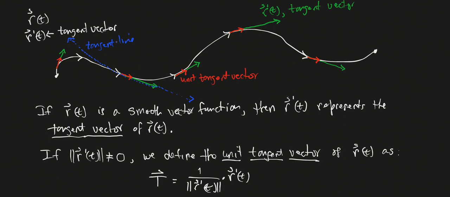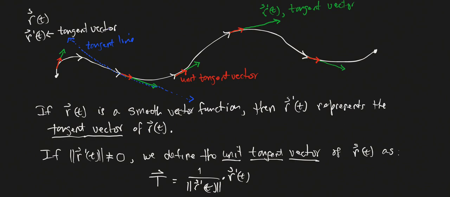So right away, you can see the three concepts here as far as tangency. Your derivative function is the tangent vector. Normalizing the derivative function gives you the unit tangent vector, and then applying our procedure for finding the equation of a line will give us the tangent line.